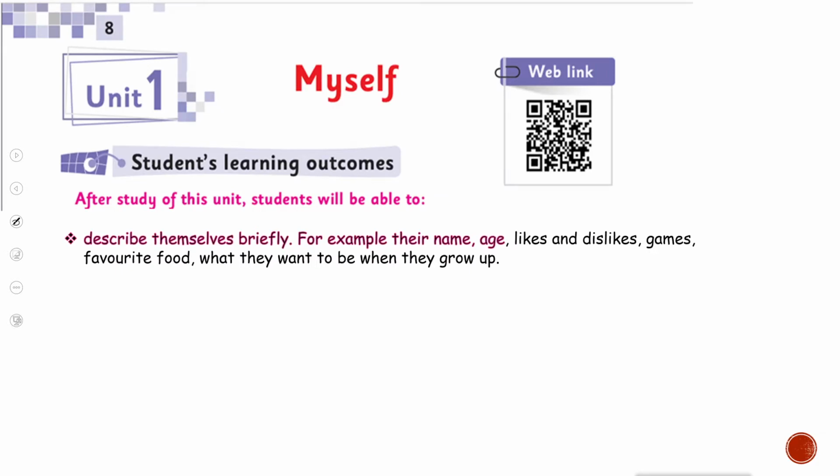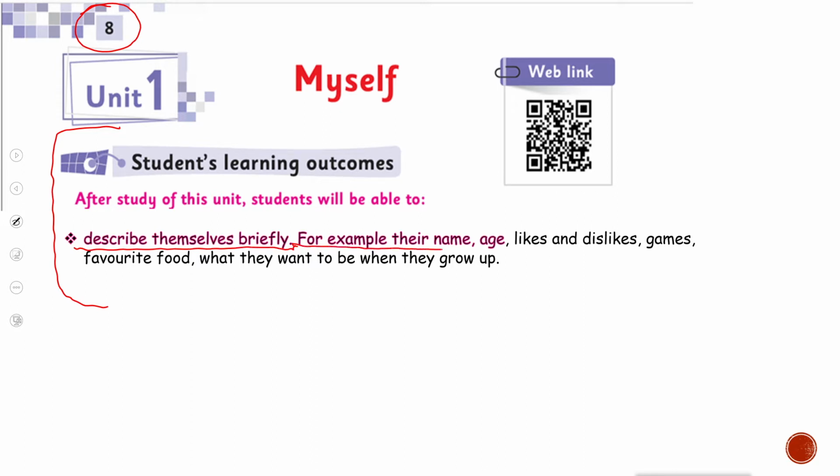This page number 8 in your books is for the teachers and for the parents. Why? Because you will be able to know that when you finish this lesson, your child will be able to describe themselves briefly.